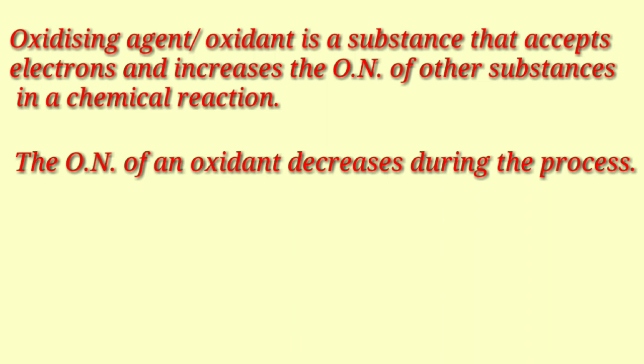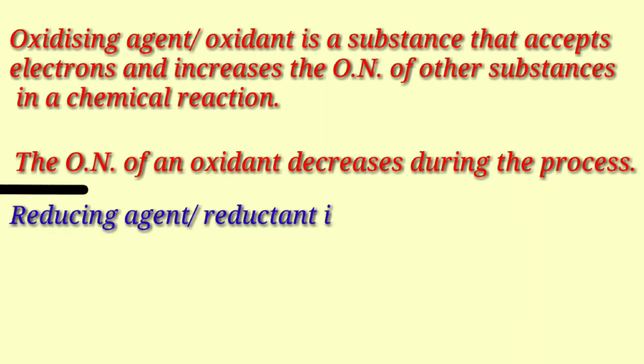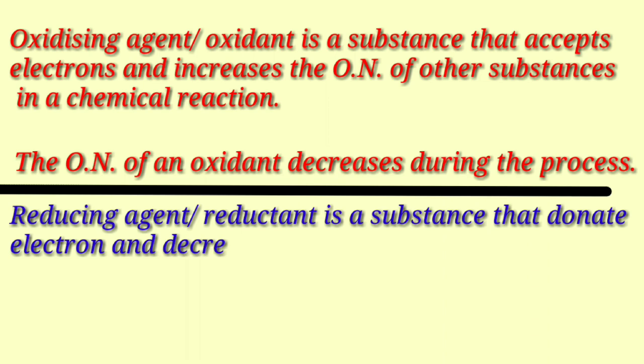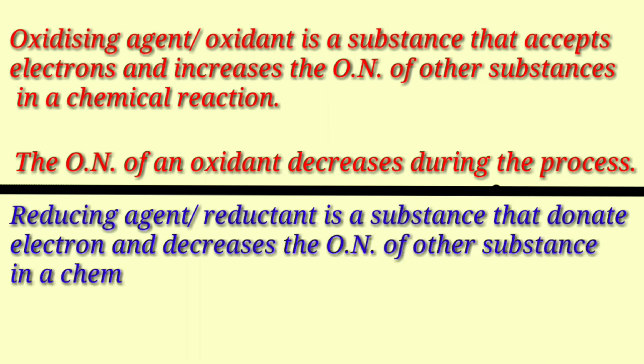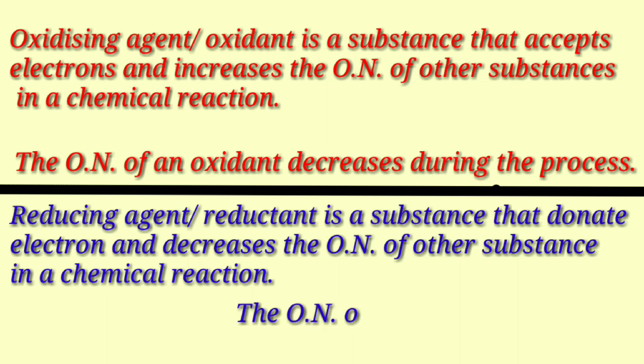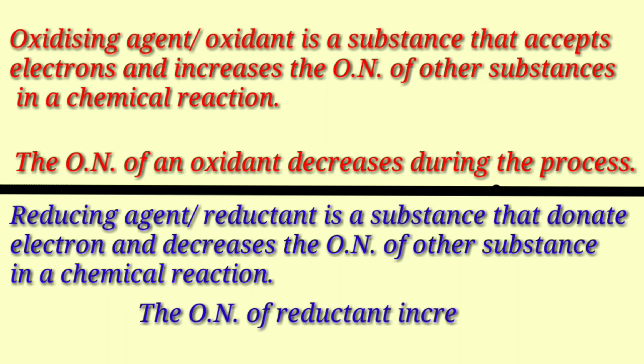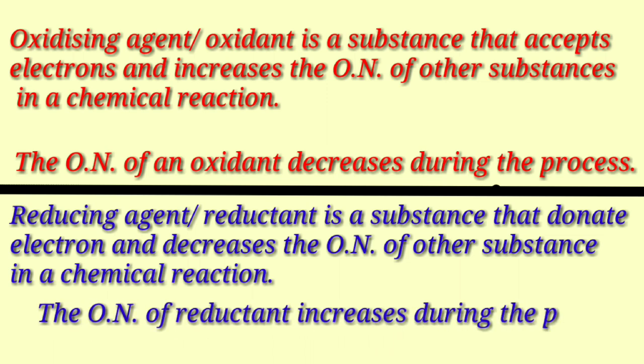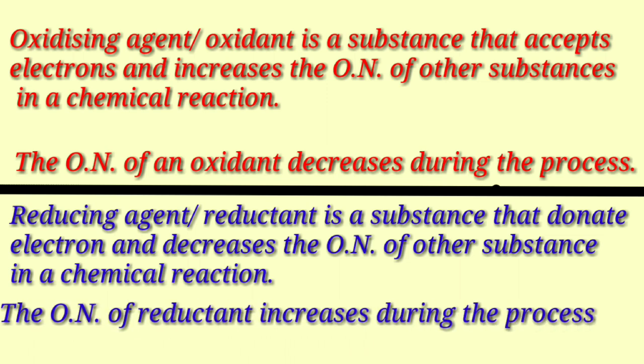On the other hand, a reducing agent or reductant donates electrons and decreases the oxidation number of another substance in a chemical reaction. The oxidation number of a reductant increases during the process. So students, we can say that a reducing agent or reductant is a substance that donates electrons and thereby undergoes an increase in oxidation number.